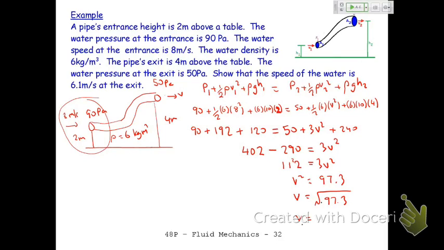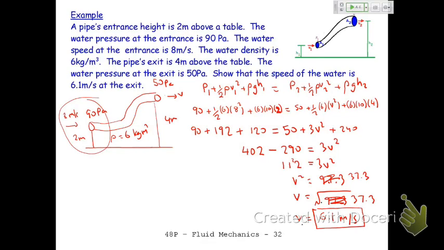Yeah, that's where I'm wrong. 37.3. So v squared is 37.3, and that's going to be 6.1 meters per second.